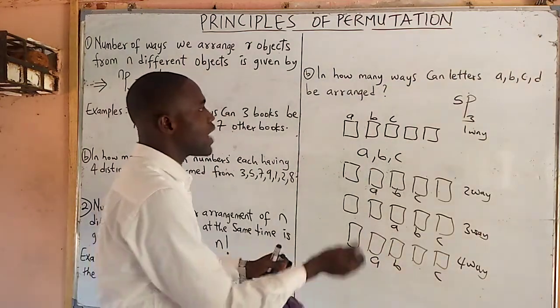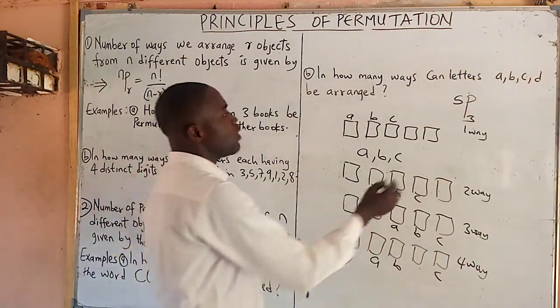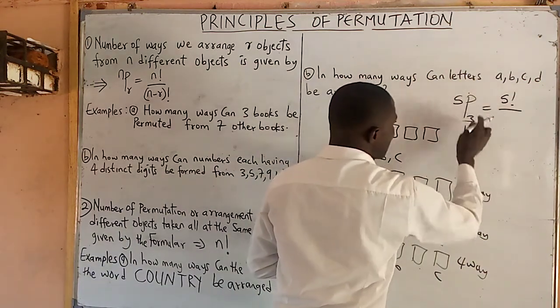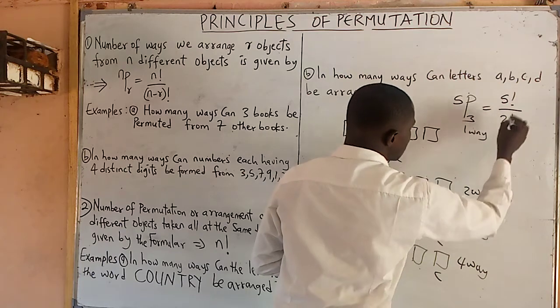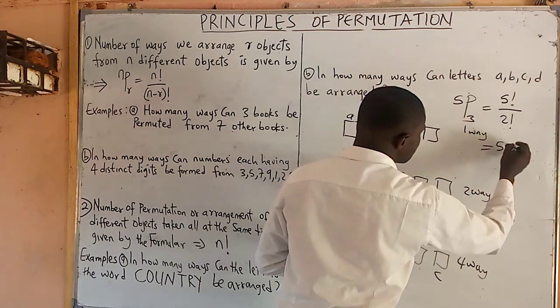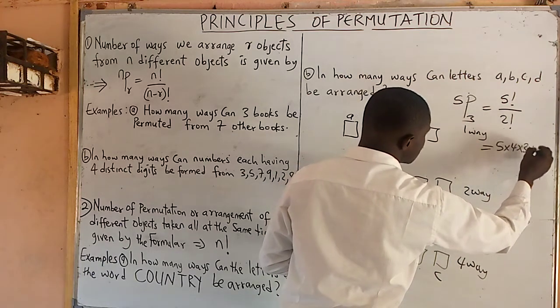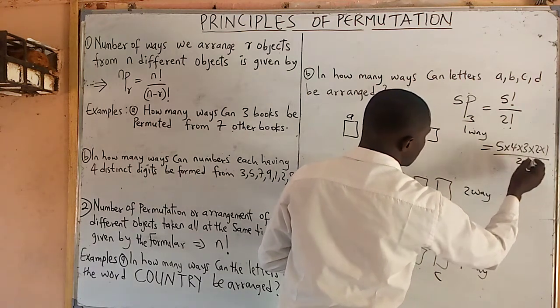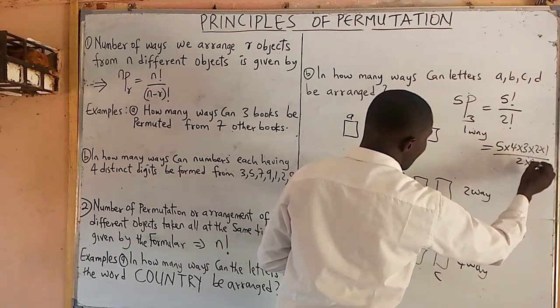So 5 permutation 3 will give us 5 factorial all over 5 minus 3, which is 2 factorial. That will give us 5 times 4 times 3 times 2 times 1 all over 2 factorial. 2 factorial means 2 times 1.